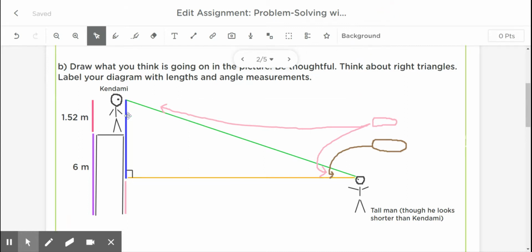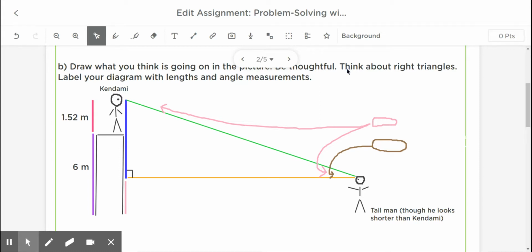Do you see that? So we have this looking down at the man, and then straight across from the man, this orange line, is parallel to the ground. And then we want to get this blue line here to figure out what the height is from the man to Kendami's eyes.